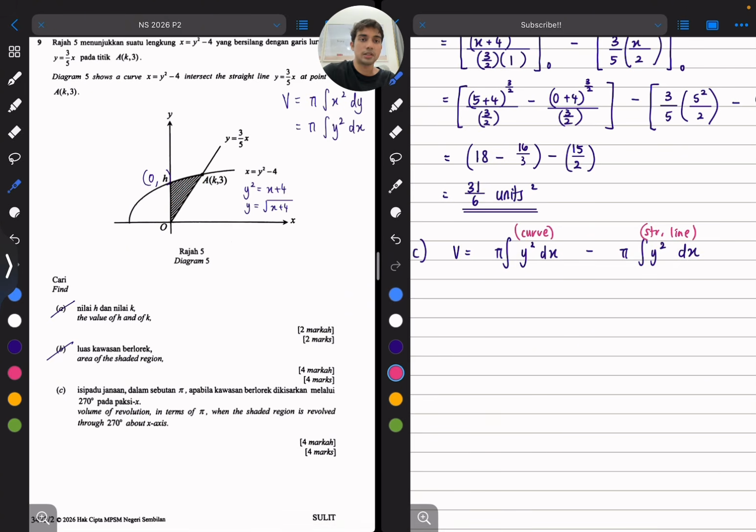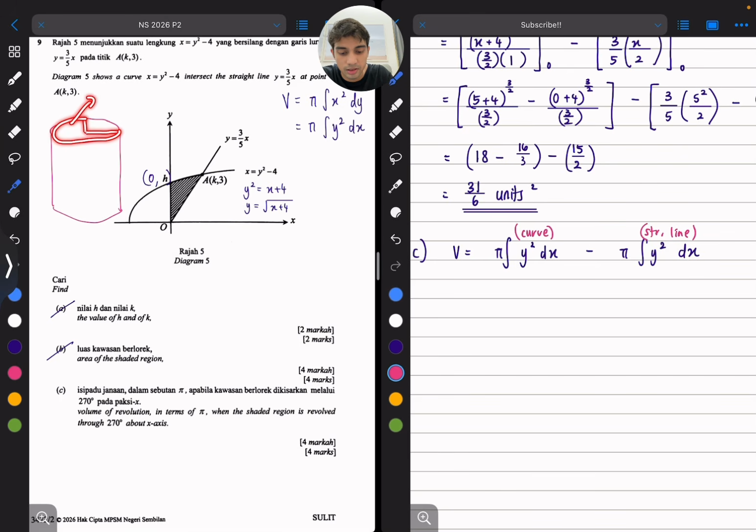Okay, so now since they said 270 degrees, what we can do is, if it revolves 360, okay, let's say it's a cylinder like this. This is revolving 360 degrees. If they want 270 degrees, that means they want from here until here only.